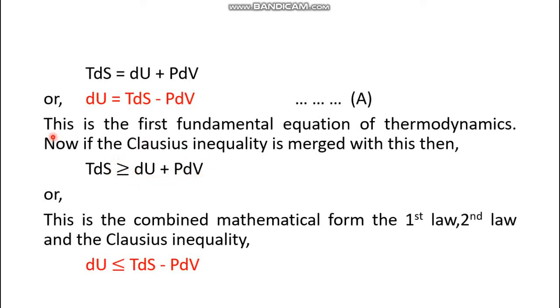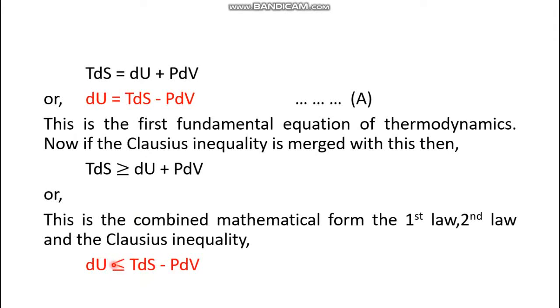So this is the combined mathematical form of the first law of thermodynamics, the second law of thermodynamics, and the Clausius inequality. And if this equation is rearranged, we can also write du is less than or equal to tds minus pdv. Now from this perspective we can think about why there is an inequality sign, or why an equality sign.